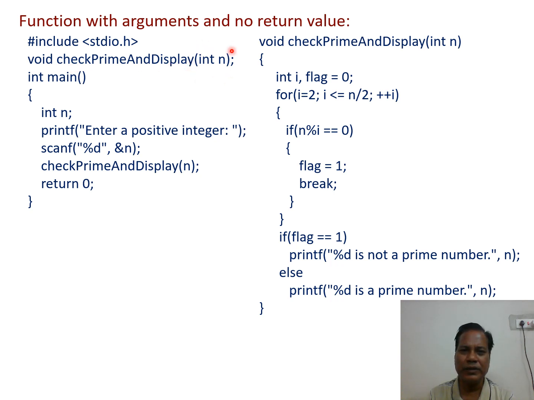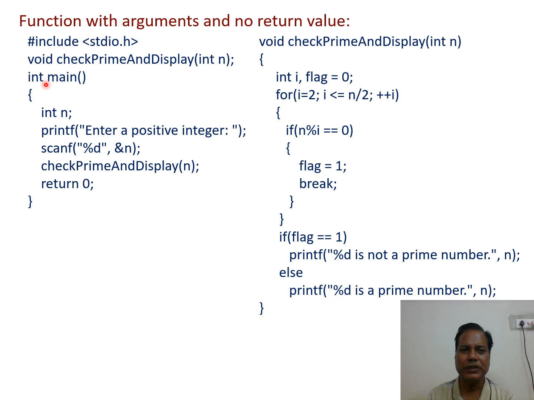In the parentheses, an integer parameter int n is present, and also see that the void keyword is used before the function name. It means that this function, when called, is not returning any value to the calling function.